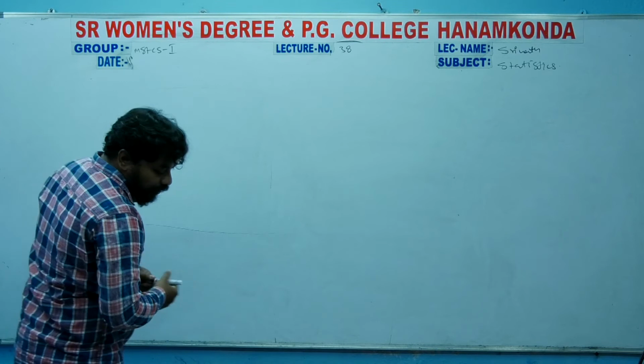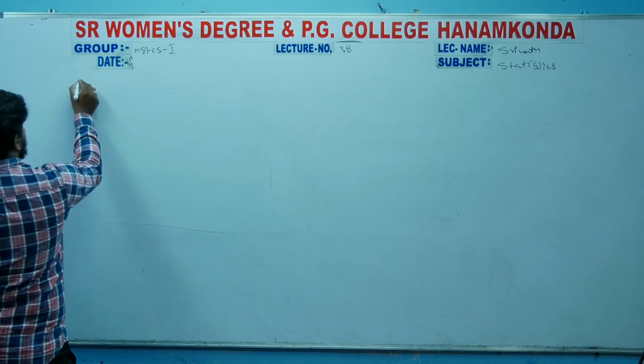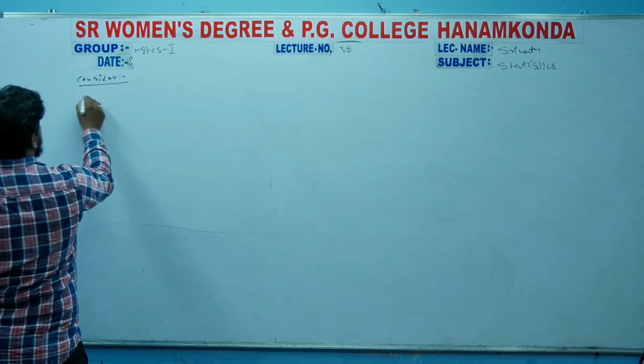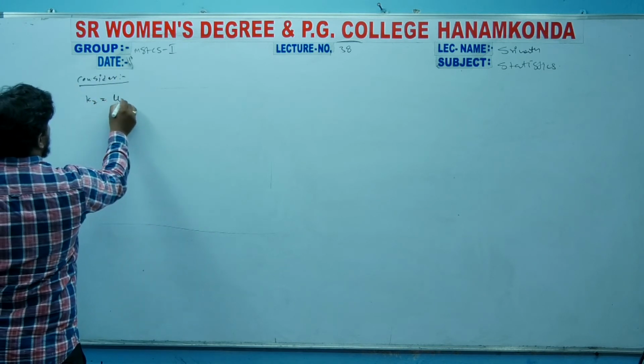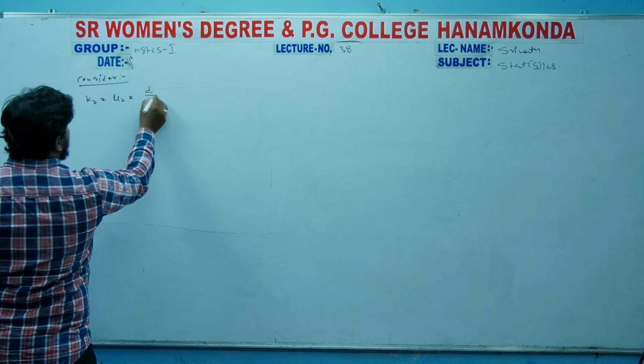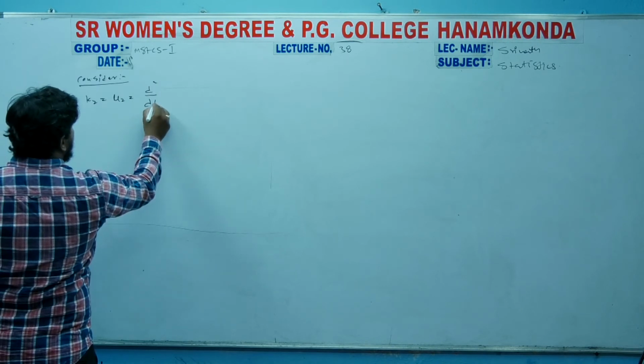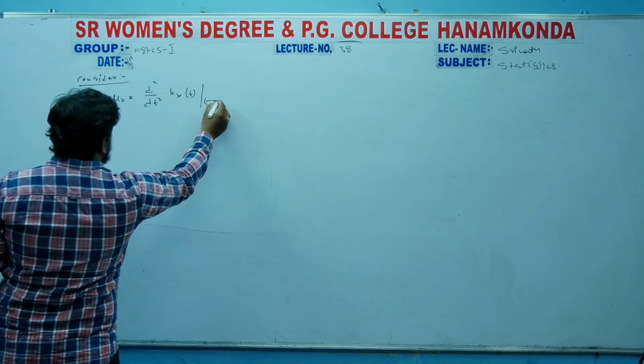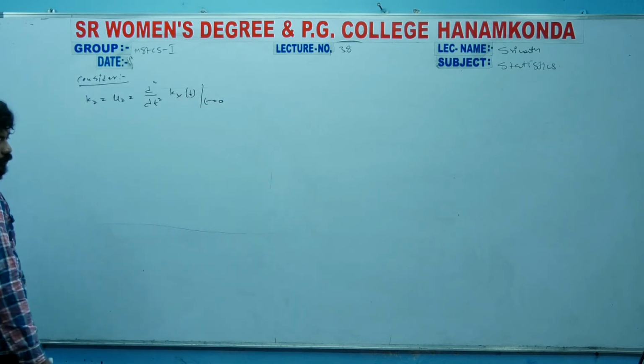Then we want to find out k2. Consider k2 is equal to mu2, which is d square by dt square of Kx of t at t equal to 0.